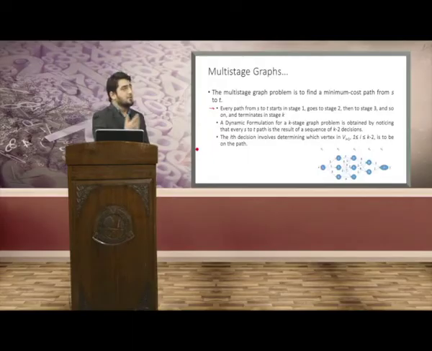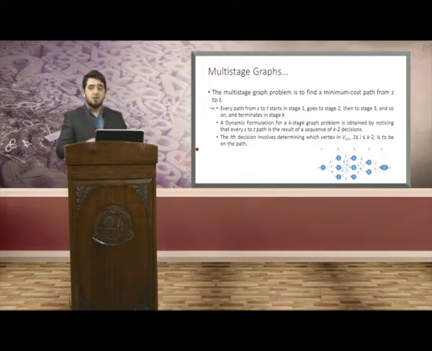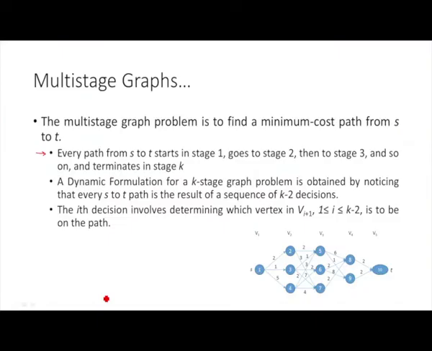Now if we look at this problem of trying to find a path in a multistage graph from the first stage to the last stage, we can observe that we need to make only k minus 2 decisions, where k is the number of stages. In this example, we have k equal to 5 stages. At the bottom you can see V1, V2, V3, V4 and V5.